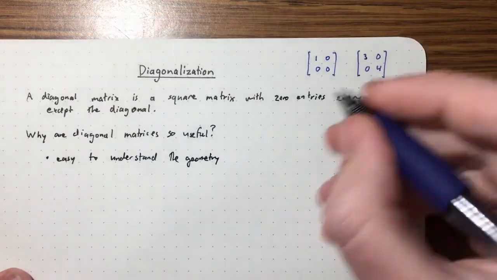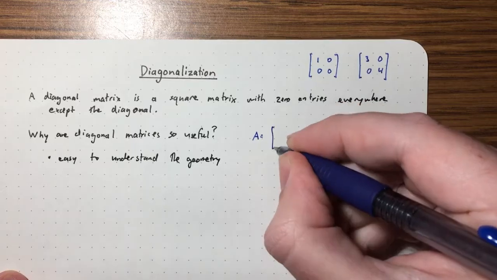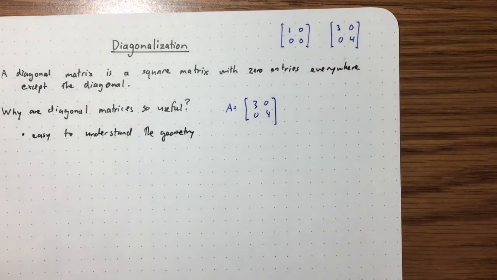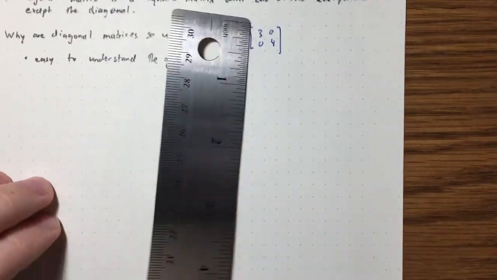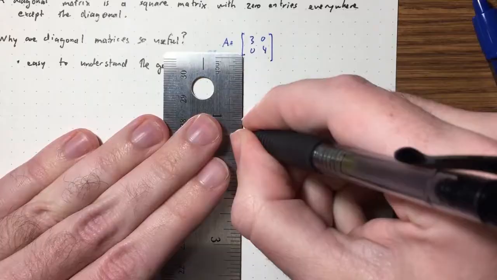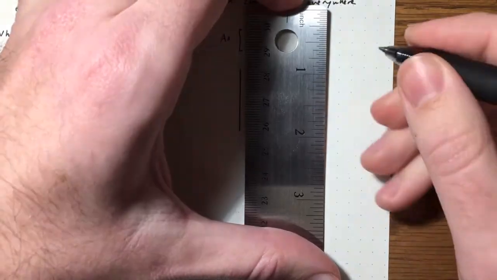So for example, let's take this matrix A equals 3, 0, 0, 4, and let's think about the linear transformation associated with this matrix. Well, what is it doing? So let me draw two grids over here really quick.